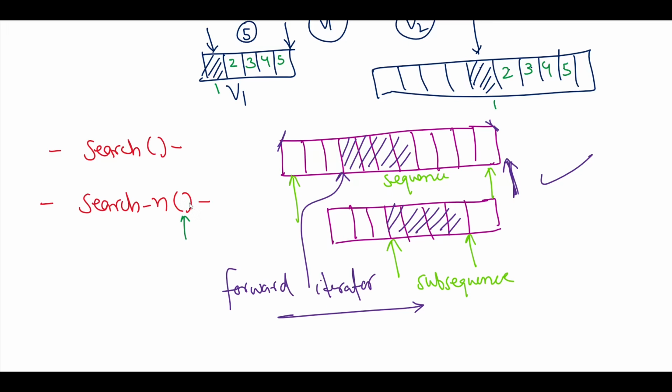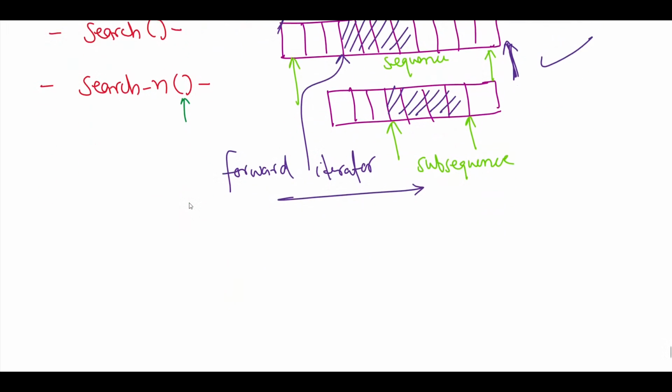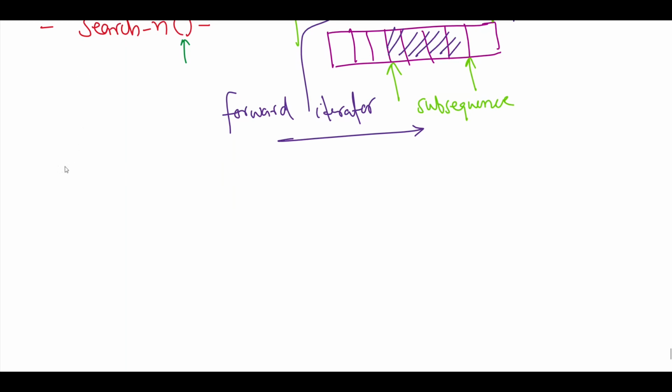Clear? Now we have some more functions in this category, and one of the functions is find, and here we are going to pass some iterators like first, last, and value. And what this algorithm is going to do is find the element in a given range.